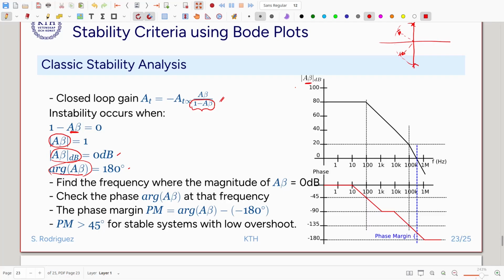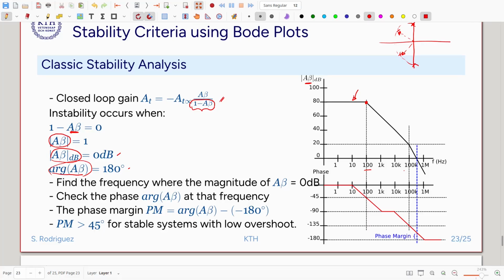Here in the black one we have the loop gain curve, and we have pole 1 at 100 Hz and pole 2 at 100 kHz, and then we just analyze its phase.